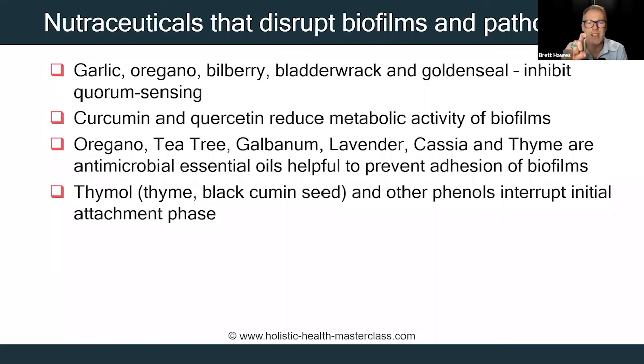Now, we're not talking essential oils like Young Living or doTERRA or whatever. We're just saying that the oils in there have antimicrobial properties and they can prevent the adhesion of biofilms. And we've got thymol, which is a compound in things like thyme, black cumin seed, and other phenols. They interrupt the initial attachment phase.